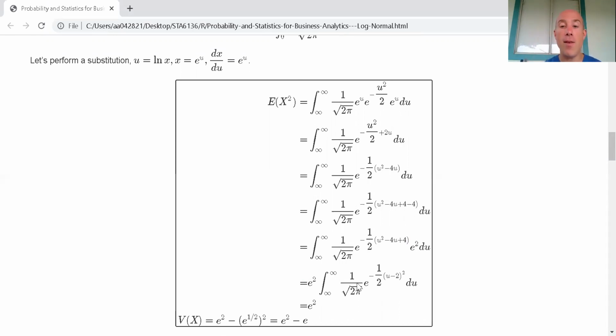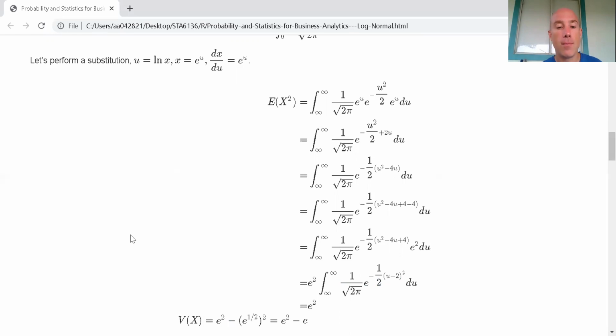I recognize that this business over here is the density of a normal distribution, mean of 2, standard deviation of 1. It's a probability distribution integrating over the entire range of possible values. Therefore, it integrates to 1. Boom, we get e squared. Now, using the variance formula, we got it.